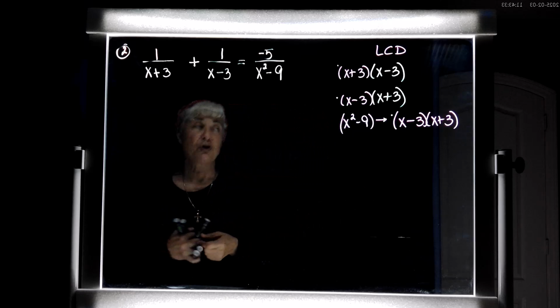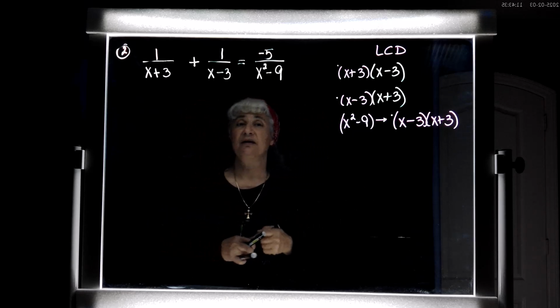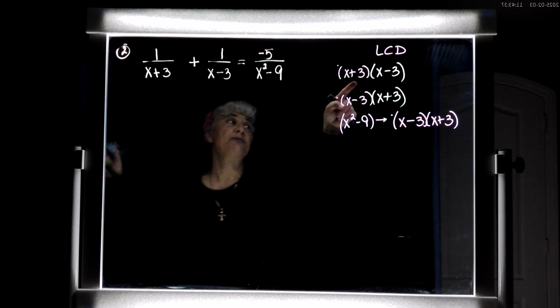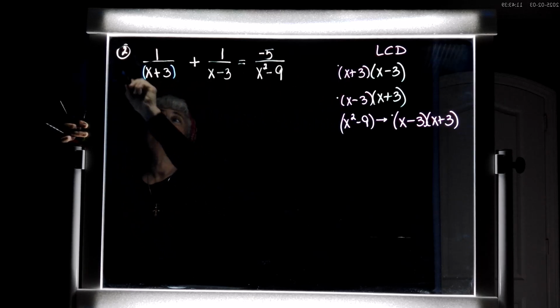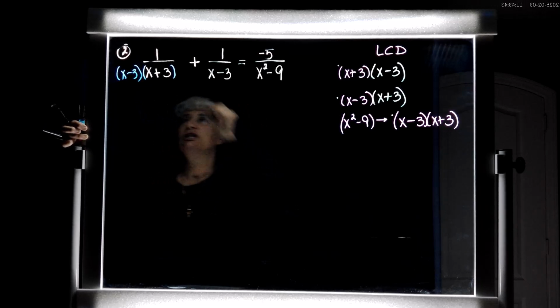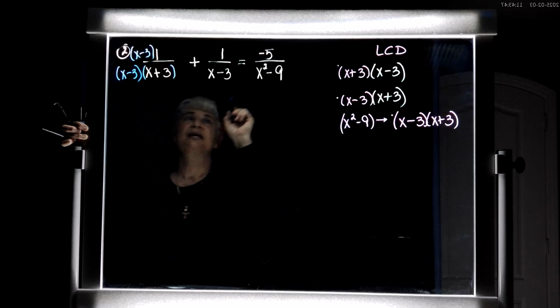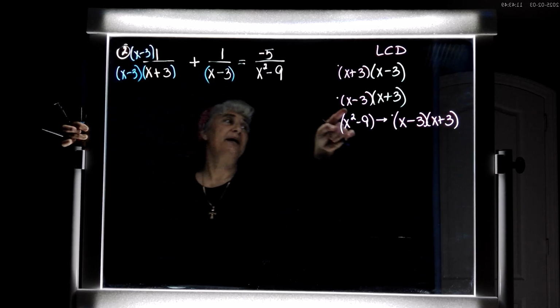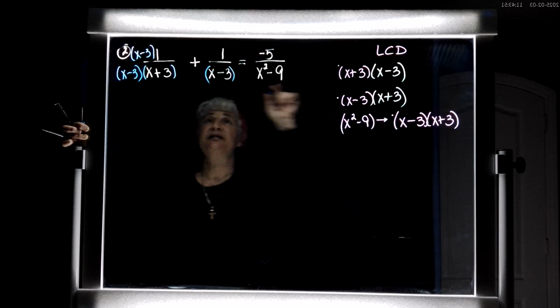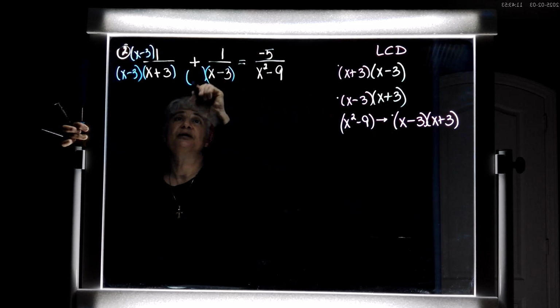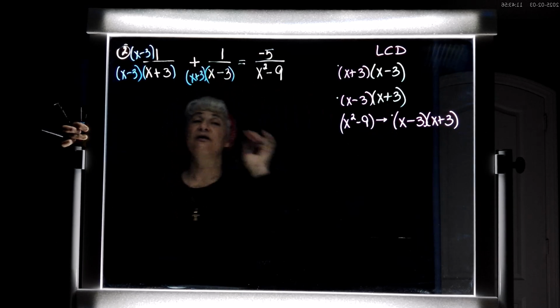Okay, so you are telling me that the first denominator of x plus 3 needs to get multiplied by x minus 3. Just the denominator? Good. Numerator also. Second denominator of x minus 3, you said it was missing x plus 3, so I need to multiply the denominator by x plus 3.